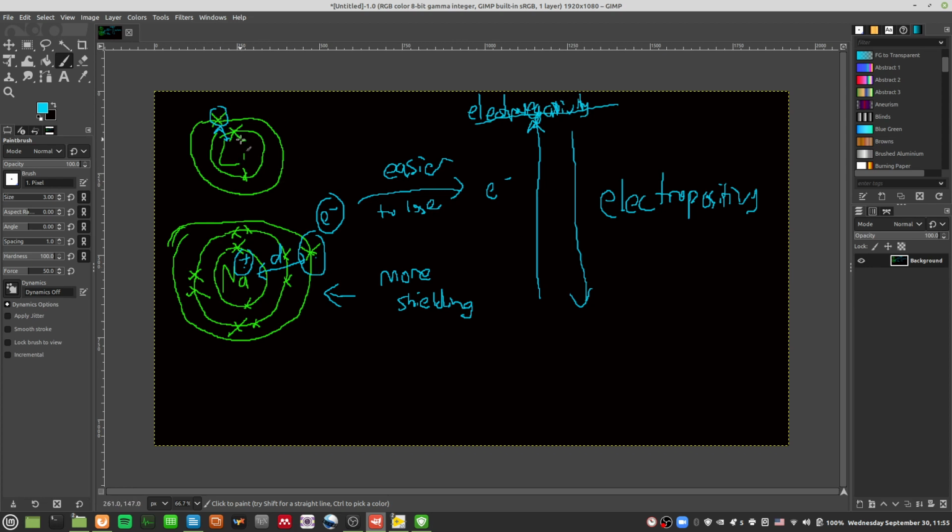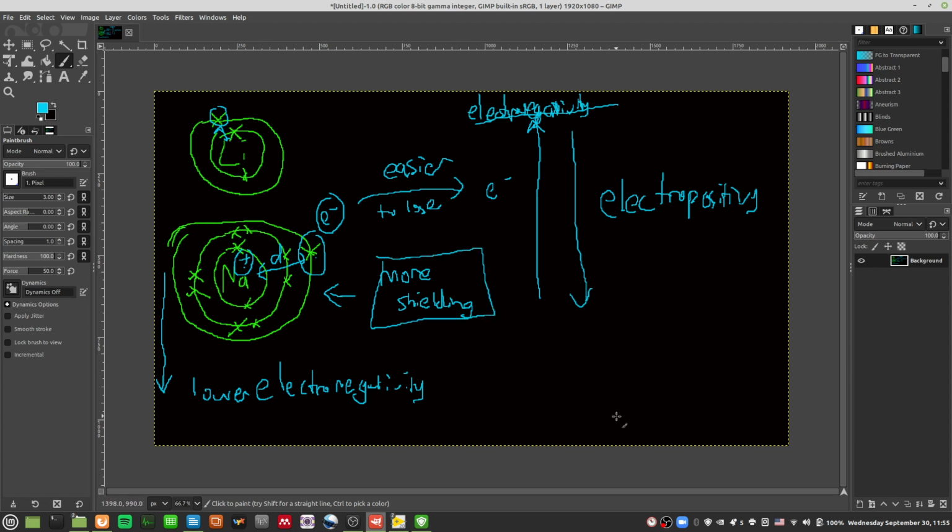That means lithium is more electronegative than sodium. But in this case, with lower electronegativity, you have more reactivity. Why? Because it's easier to lose the outermost electron due to this shielding effect that you see here.